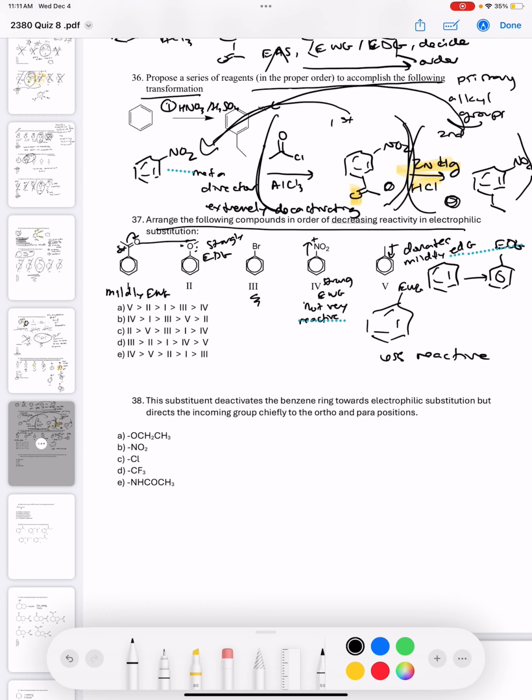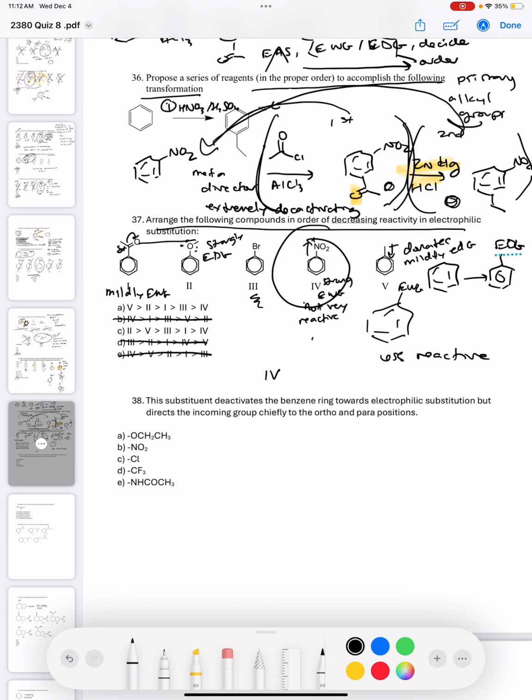And then halogens are sort of an exception. So even if you can't remember halogens, if you just knew that nitro is very strongly electron withdrawing, that is the least reactive. So just knowing that is their order decreasing, so most reactive first. So I can eliminate A and C just knowing that this is the least reactive.